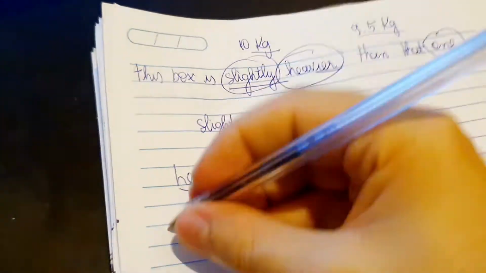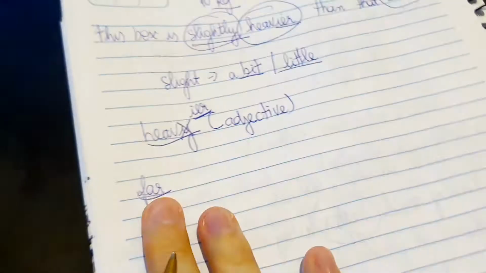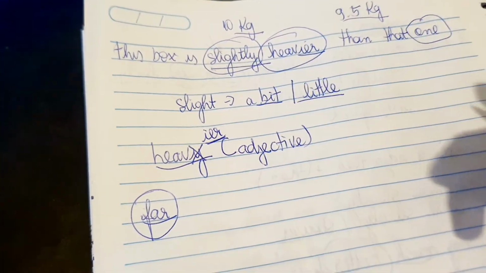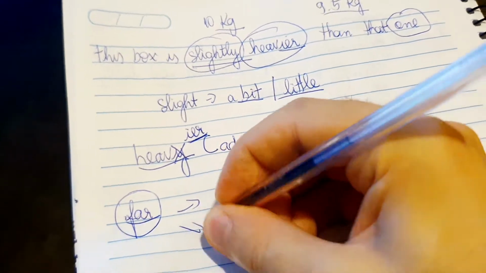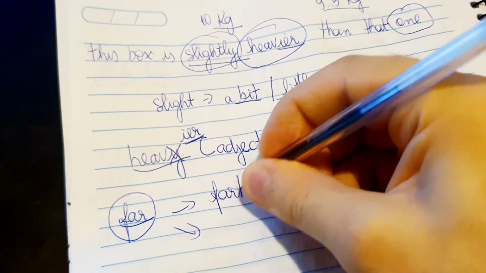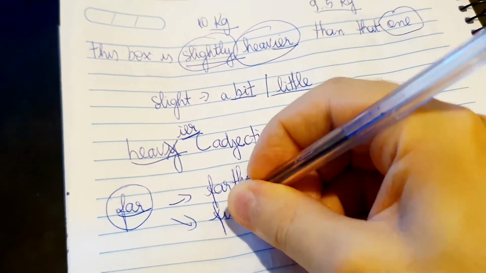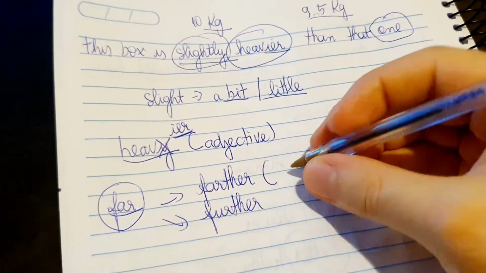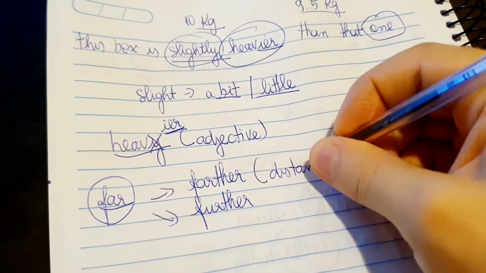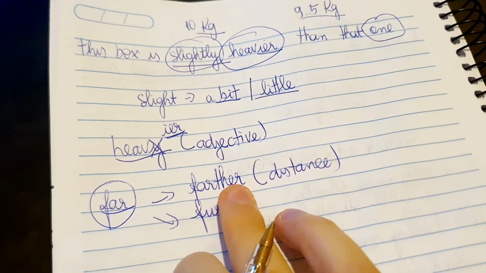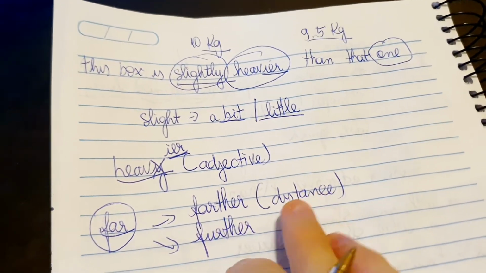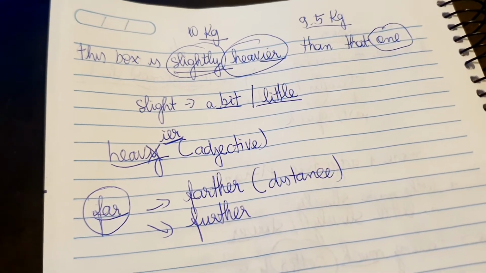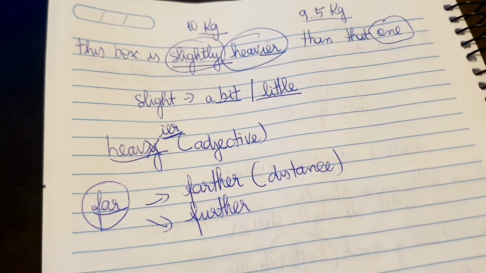Far from me. Far. You know, far, we studied last video that we can say farther and further. Remember? Farther when we talk about distance. How far is your home from work? My house is farther from the office than yours.